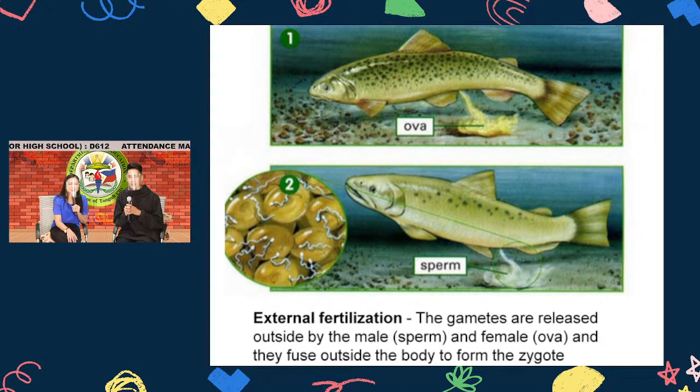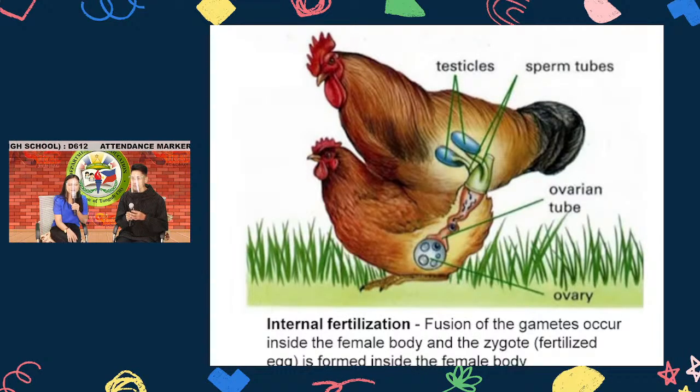Another type is internal fertilization. The fusion of the gametes occurs inside the female body, and the zygote, the fertilized egg, is formed inside the female body. We have there the key term internal, meaning inside.